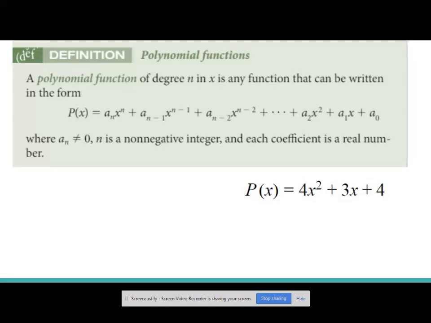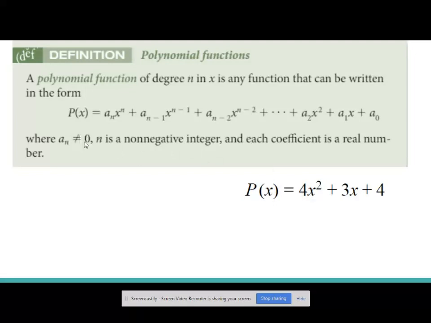Here's a polynomial. It has an x to the second power, has an x to the first power, it has really an x to the 0 power, because anything to the 0 is 1. So it goes 2, 1, 0. That's it. That's all this definition says, is this is a polynomial, where each non-negative integer we have for some coefficient.